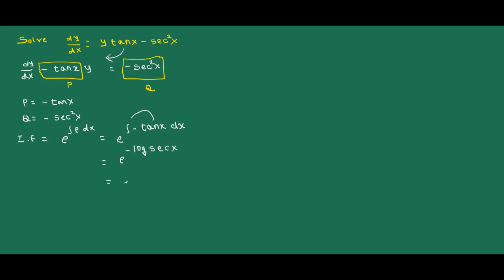This is equal to e raised to, by using logarithmic property, logarithm of sec x raised to minus 1, and is equal to e raised to logarithm of 1 divided by sec x, and 1 by sec x is nothing but cos x, so e raised to logarithm of cos x. This is integrating factor.